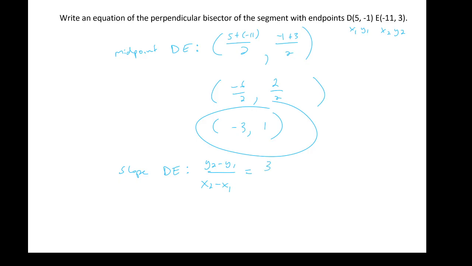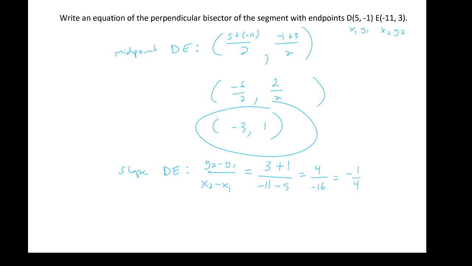We have 3 minus 1. Negative is a positive. X sub 2 is negative 11 minus x sub 1, which is 5, right? Let's now do the arithmetic. We have 4 over negative 11 and negative 5 is negative 16. So this is negative 1/4.